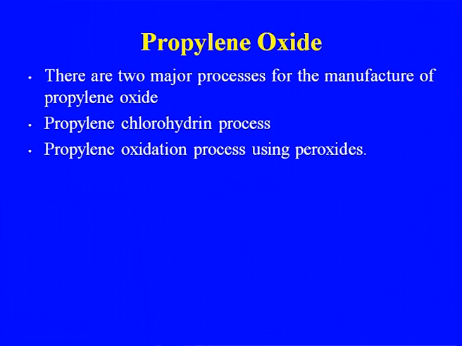For propylene oxide, there are two major processes for manufacture. One is the propylene chlorohydrin process, just like the chlorohydrin process in the case of ethylene oxide. Here also the process is the same, and the problems remain the same: chlorine handling and corrosion.